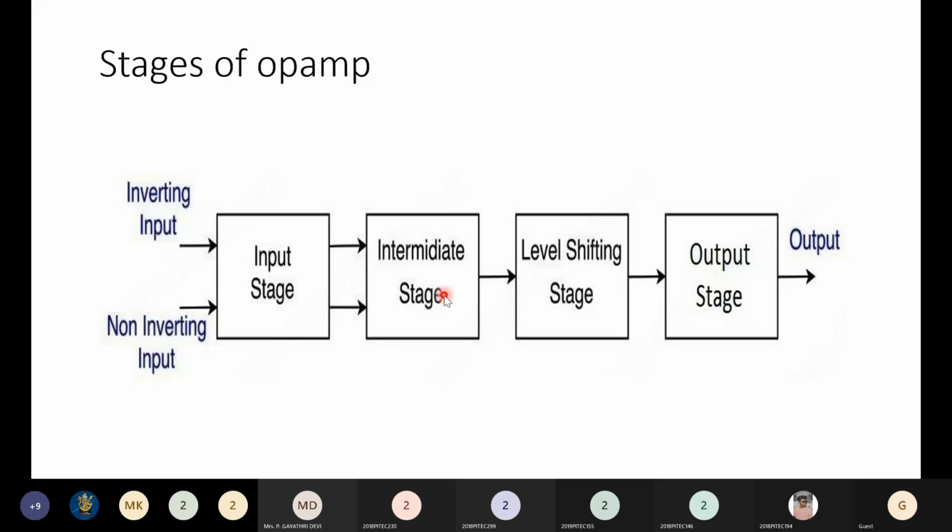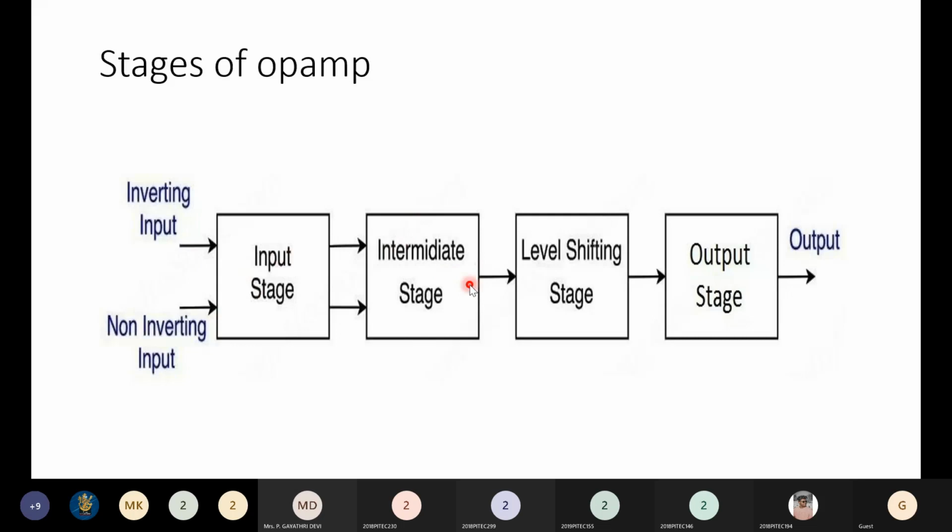Okay, so what will happen when I give an input here? My input will get amplified here, and then it will get amplified stage by stage in this intermediate stage. When my input is an AC signal, along with AC amplification, DC amplification also will be done here, because here we will not use any coupling capacitor between the differential amplifier stages.